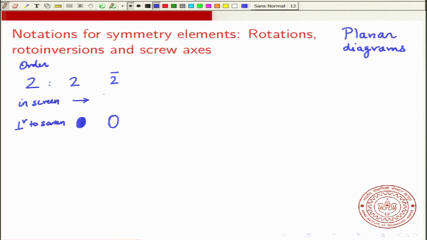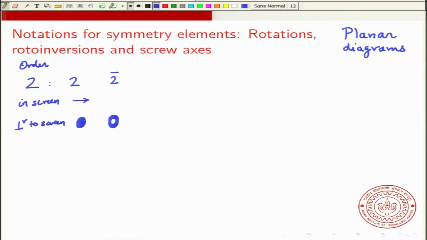So if you have a 2 bar that is a twofold axis plus an inversion, then you show it using this symbol. It's like this oval, but there is a small hole inside to show that there is an inversion.